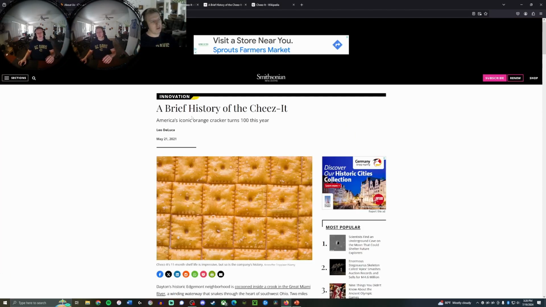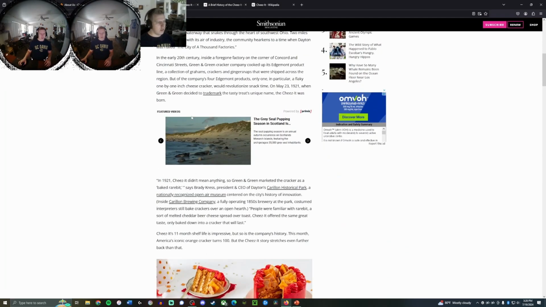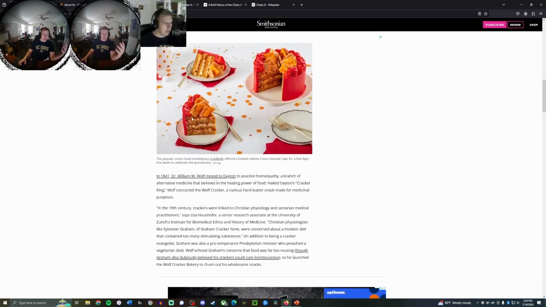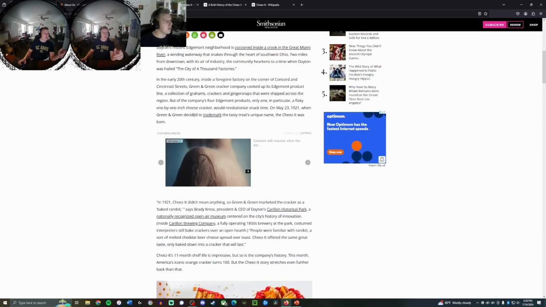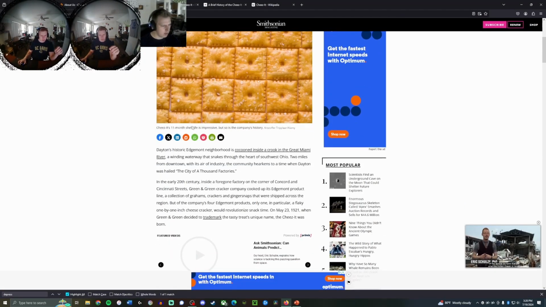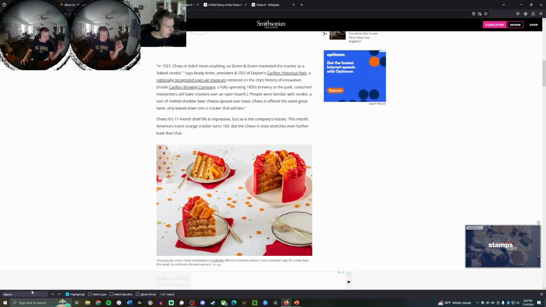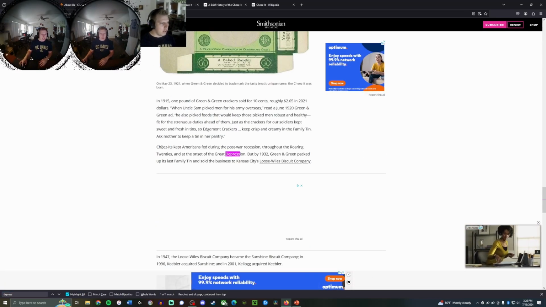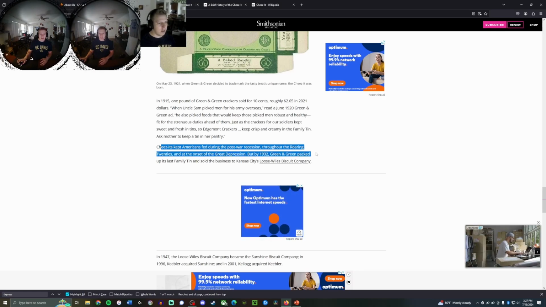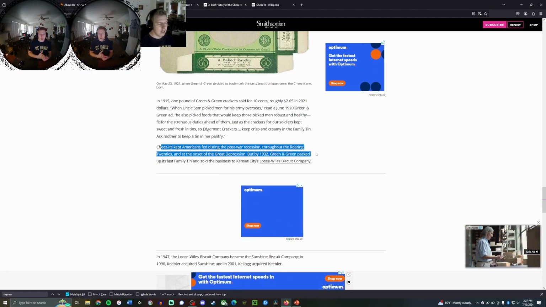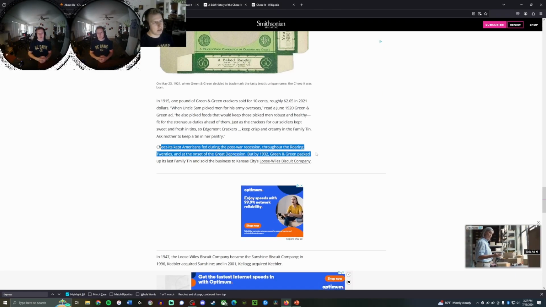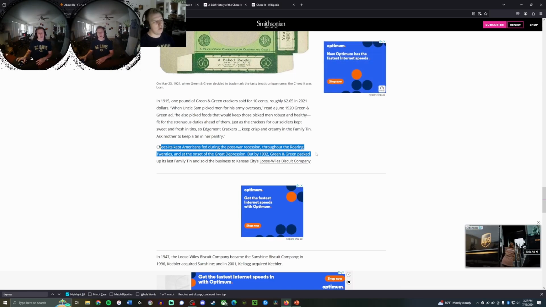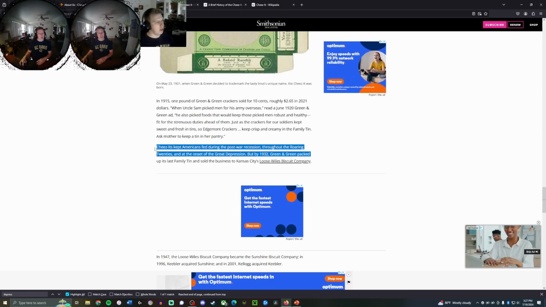Versus here, brief history of the Cheez-It, I pulled up here. This is what I liked. I actually found where they referenced the Great Depression, and you can see that it's a much more reasonable claim. People were eating Cheez-Its during the Great Depression, but there's no insinuation that this was a must-have item that was keeping people fed.